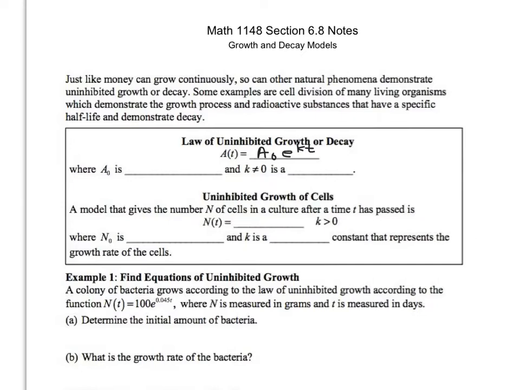A sub 0, we call it A naught sometimes, is the original amount. And k is just some constant, not 0, so k is just some number. Now the trick will be if that number is positive, then these things will grow, and if it's negative, these things will decay.